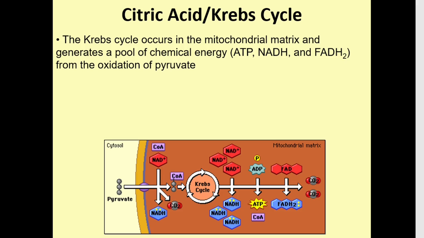So what we're actually doing now is we are completing the breakdown of our glucose, essentially. So remember, glucose started outside of the mitochondria. It went through glycolysis, so it broke in half, turned into two pyruvates. The pyruvates then entered into the mitochondria. We went through the link reaction, which broke off a couple of carbons to make two carbon dioxides off of our pyruvates.